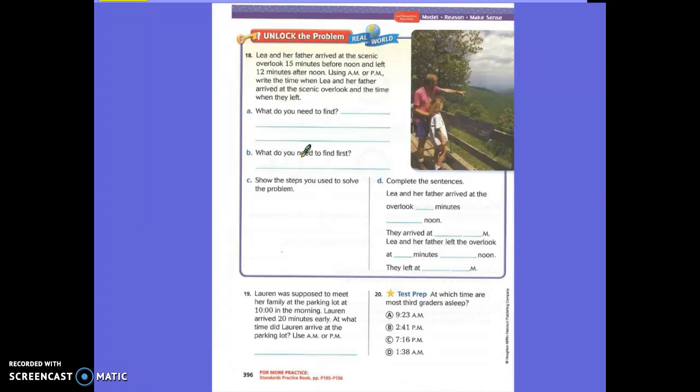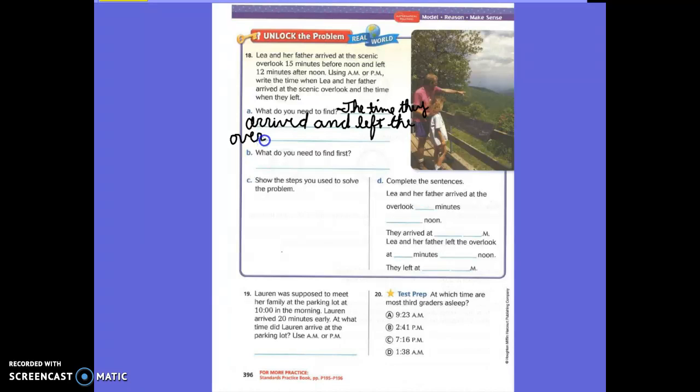The time when Leah and her father arrived. Yes, you are trying to find the time they arrived and left the overlook.